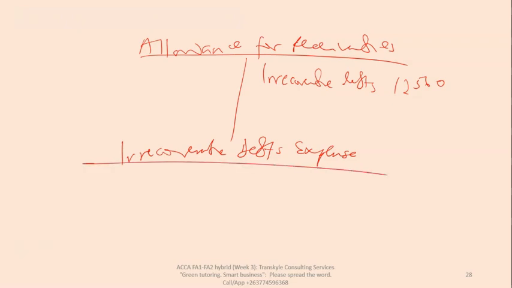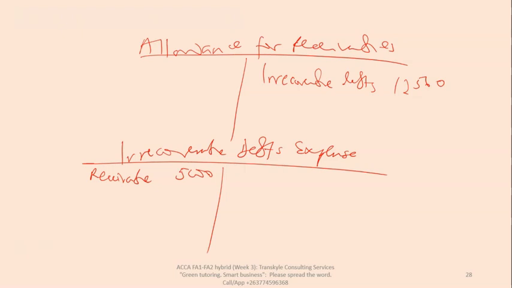This one again we can draw a T account, and we know an expense is increased by debiting. So when we were having irrecoverable debts, they were increasing this account. All the receivables which were irrecoverable have to be considered on the debit side.